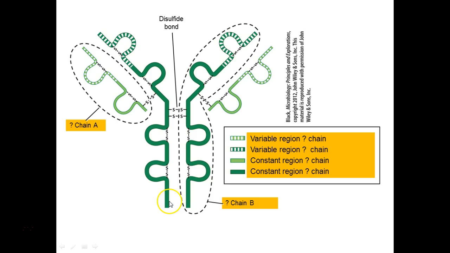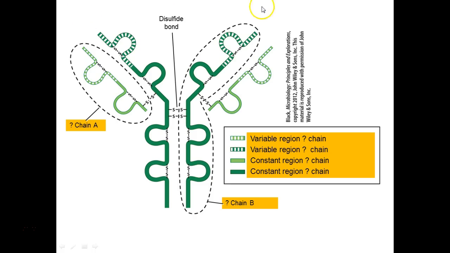This one here is a shorter stretch of polypeptide or protein. And here's another shorter stretch that matches. These guys are the same, the same amino acid sequence. They just made 2 copies. Okay, so each side of the antibody is kind of a mirror image of itself. Do you see that? Does that make sense to you guys?